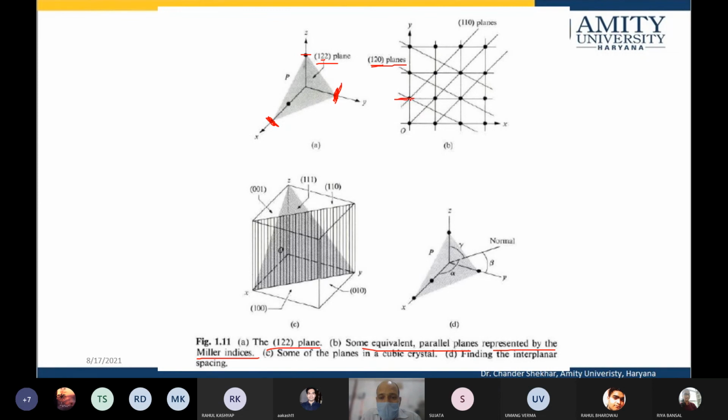So if the y-axis is 1, the x-axis is 2. If I try to calculate the Miller indices of this plane, the intercepts are 2 and 1, and suppose it is parallel to the z-axis, so the reciprocals are 1 by 2, 1 by 1, 1 by infinity, and then this becomes 1 2 0.